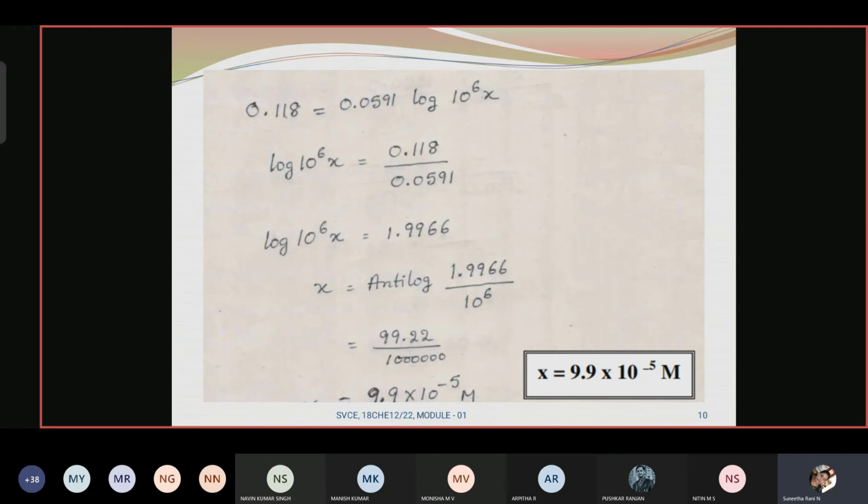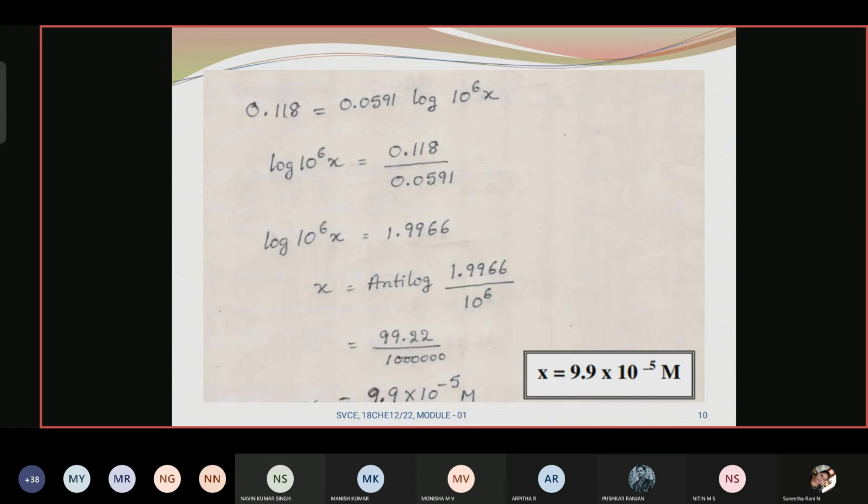Write down next problem. Calculate the pH of the solution of the given cell: platinum, HCl 0.1 normal, glass, hydrogen unknown solution, KCl 1 normal, Hg2Cl2, Hg.